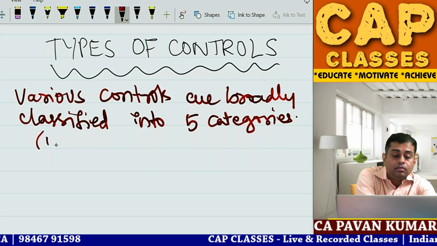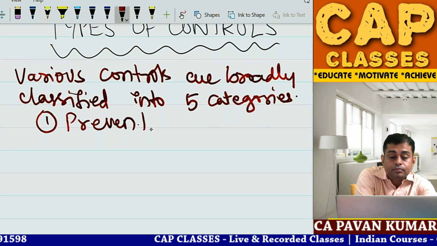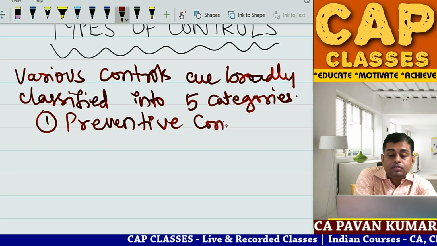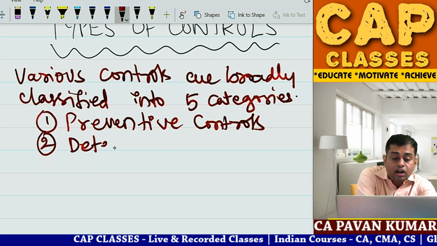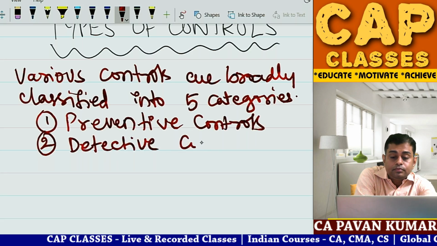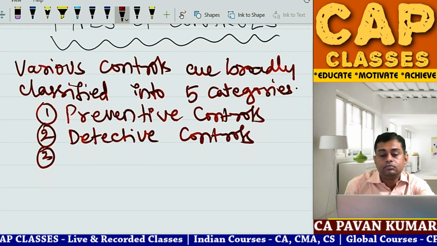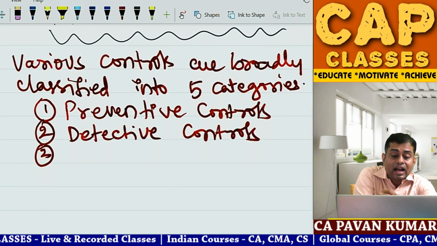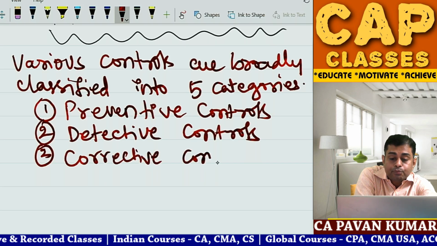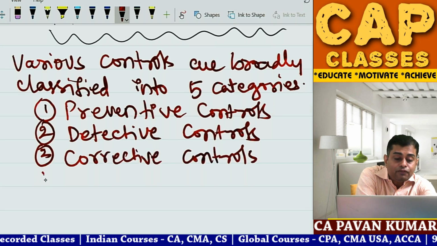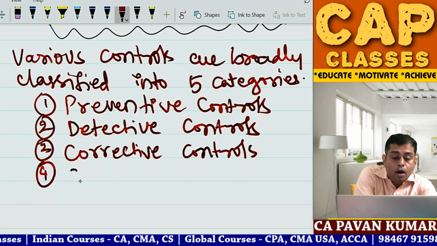They are: 1. Preventive controls. They prevent frauds. 2. Detective controls. They detect the fraud. 3. Corrective controls. Once you detect fraud, you want to correct it. 4.